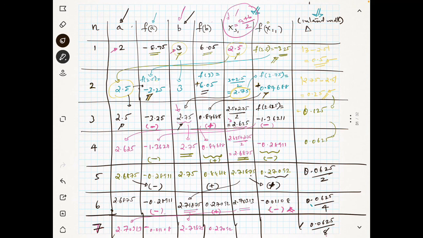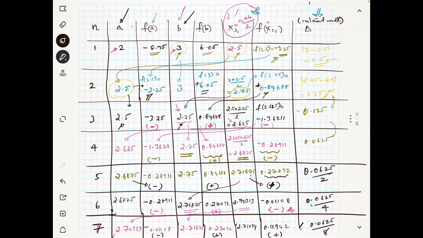Okay, so we will get the new point as 2.71094. Okay, that is the new point. And if you take the function value at that point, you will get 0.12942. Now you see this is positive. Okay, and this function value is positive, but this function value is negative.